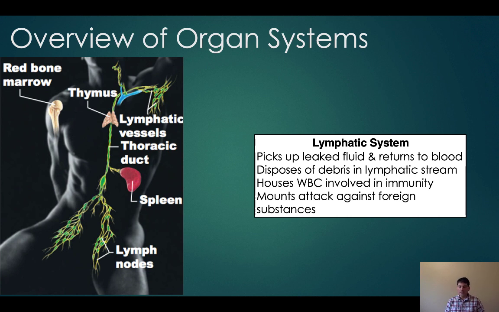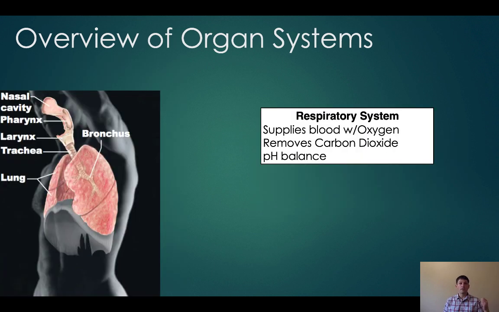It's looking for debris, old pieces of cells and stuff that have been damaged. And this is part of our immunity as well. Okay, and so when you learn about the immune system in 202, you'll be talking about the lymphatic system in great detail. Then our respiratory system, this is what brings oxygen in and takes carbon dioxide out.